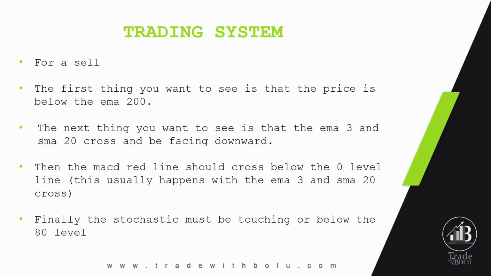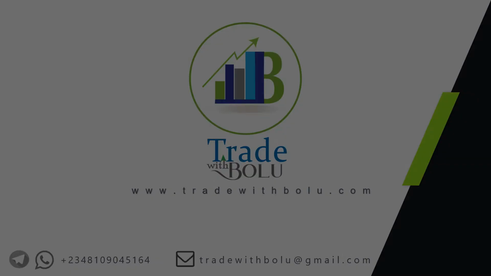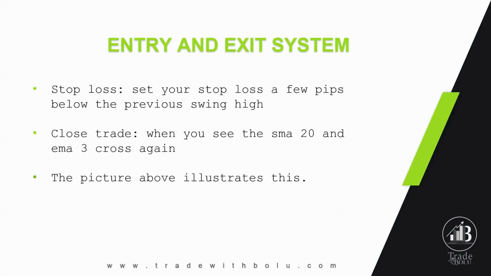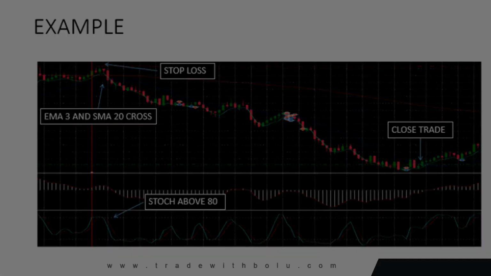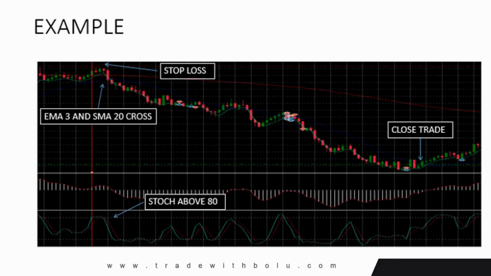The first thing that you want to see is that the price is below the 200 moving average, which is exactly what you have here. Sorry, this is not so clear in terms of the picture, the colors that were used for the moving averages.